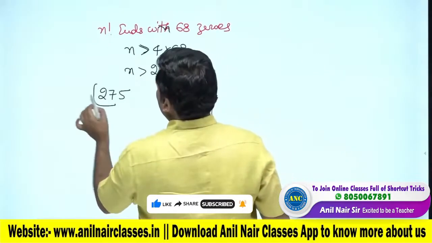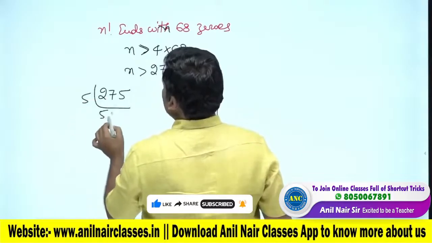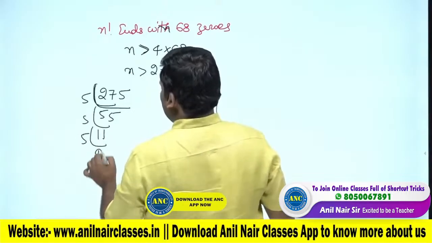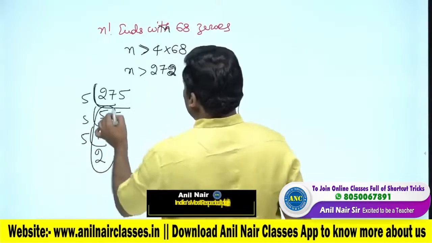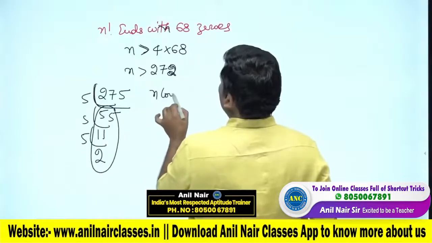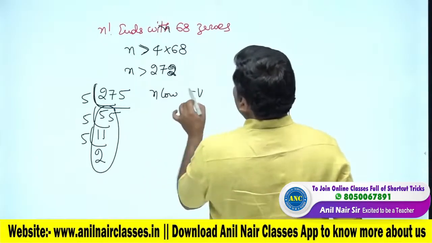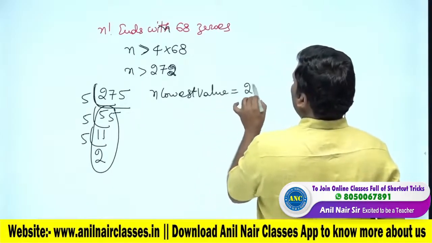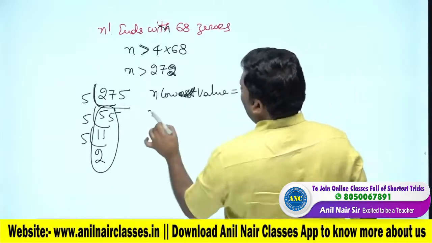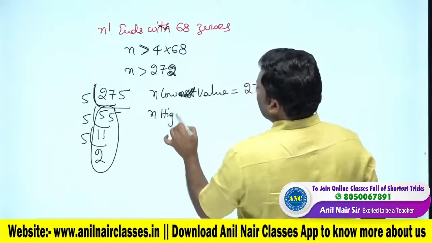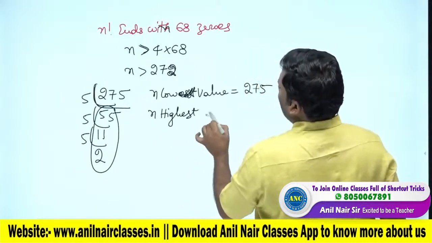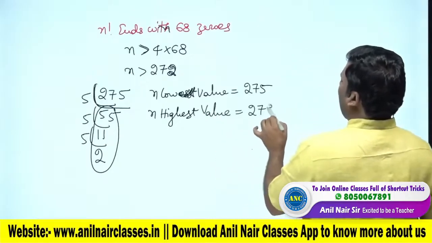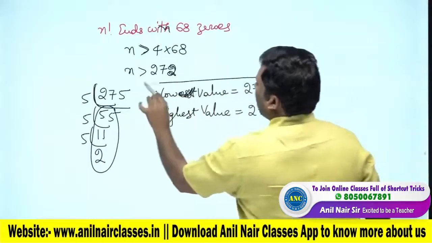So this will be 5 55s are, 5 11s are, 5 2s are, that means 66, 68. The lowest value of n which will satisfy this condition is 275, and the highest value will be 275, 276, 277, 278, 279. Till 279, the number of zeros will not change.